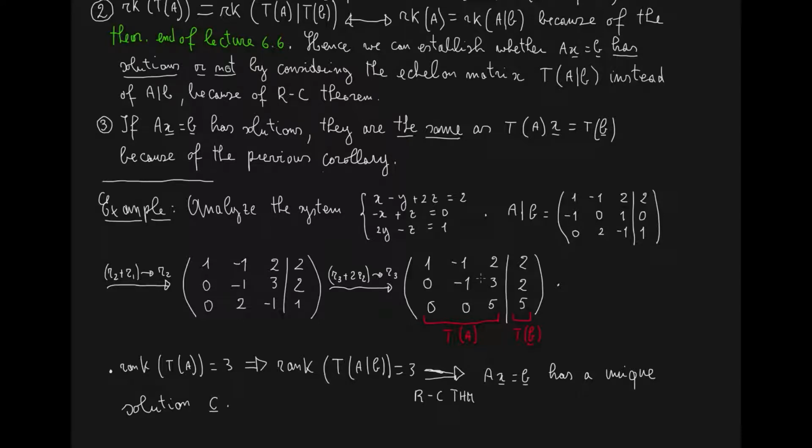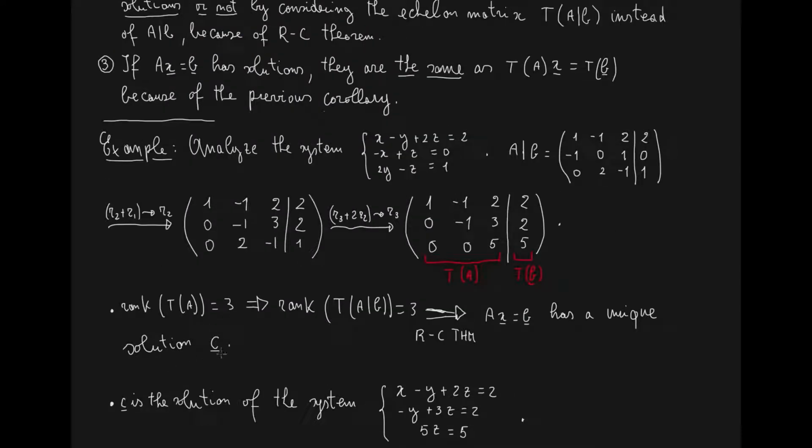The unique solution of the initial system of linear equations is going to be the same solution of the new system of linear equations that we get using T of A as coefficient matrix and T of B as constant terms, exactly as we noticed for step number 3 of our procedure.